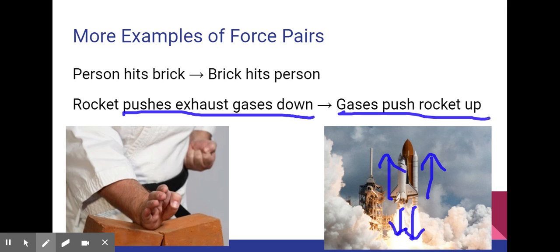So you need a lot of mass being pushed out to create an acceleration on the other end. It means we need more mass coming out than we have supported inside of the rocket. So rockets can be kind of a tricky thing to get to work, because you have to have the right amount of mass to create the right amount of force and acceleration.